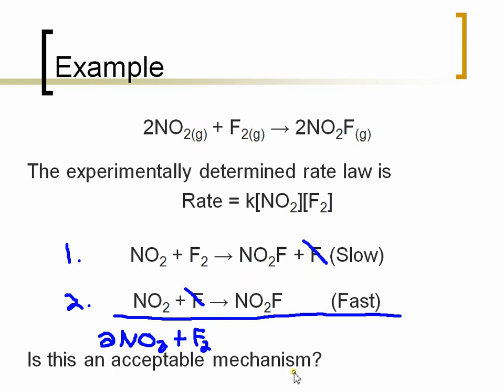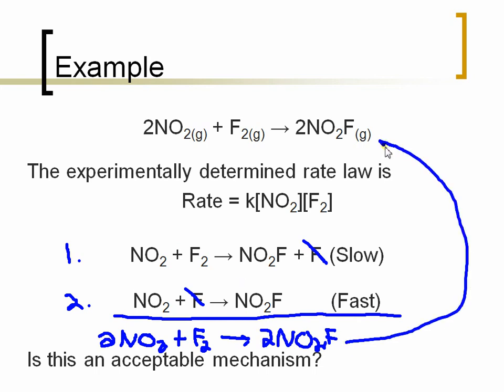So if you add these two equations together, F disappears. And then my product is two NO2Fs. So I've combined these two mechanism steps together and I have an overall reaction. Is it the exact same as this? And it is. So we have satisfied criterion number 1. You do add them together, you do get the overall equation.